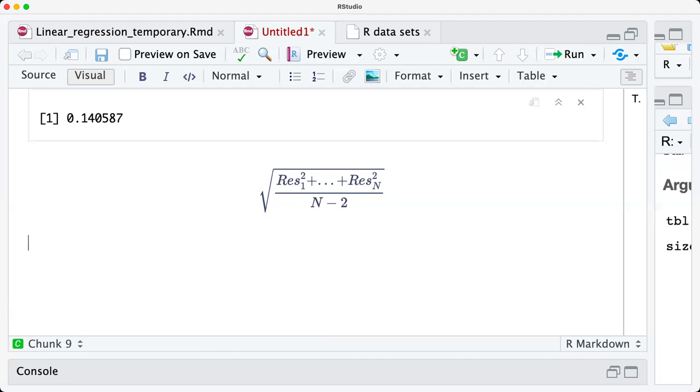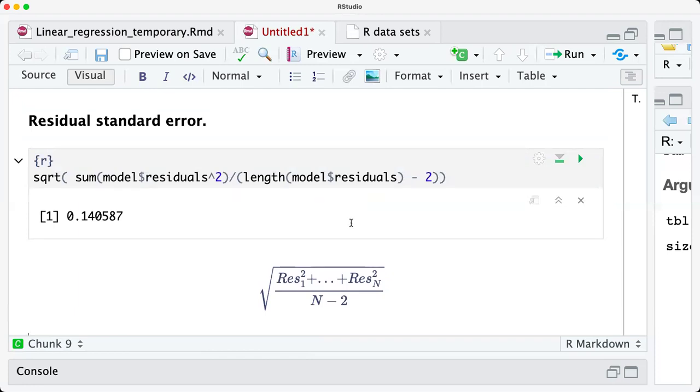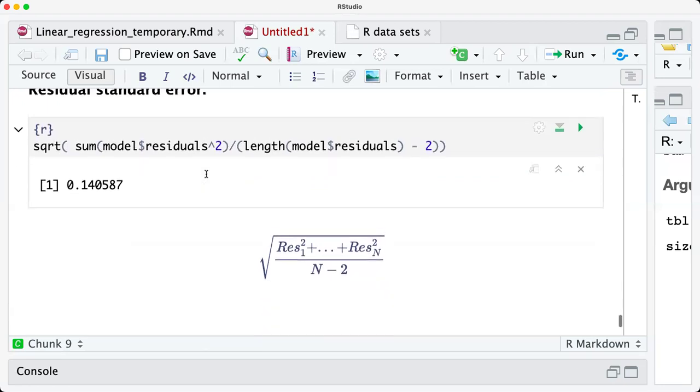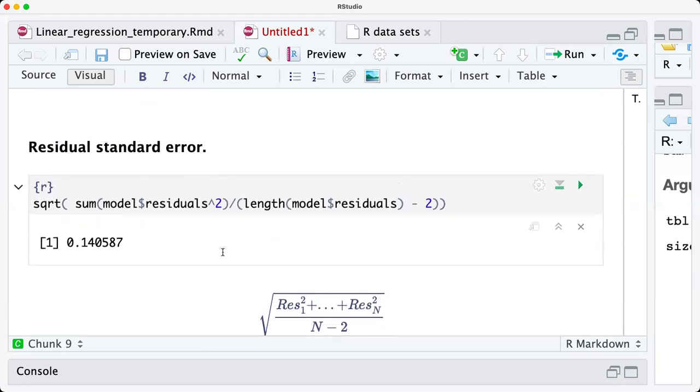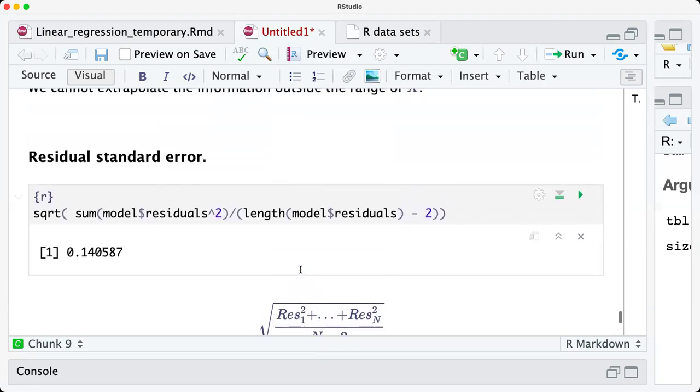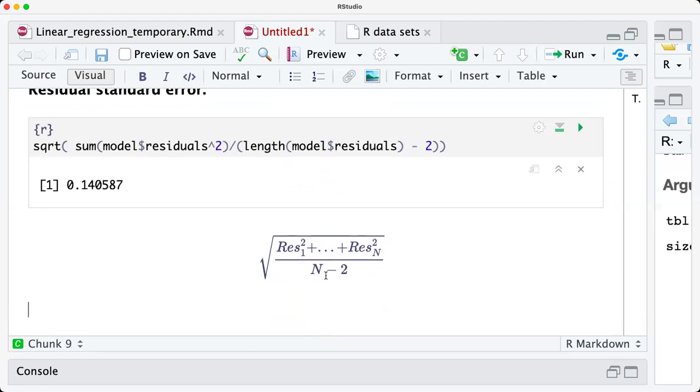So this is the residual standard error. When you see a standard error, it's usually an expression with a square root, and the residuals are an error.